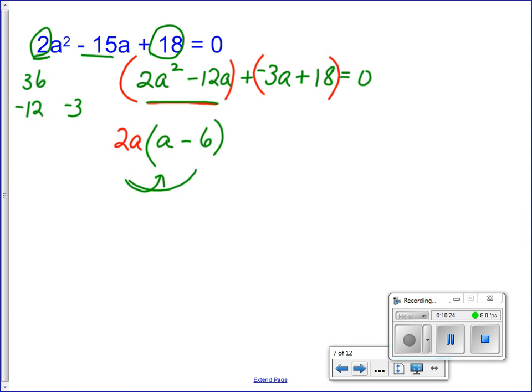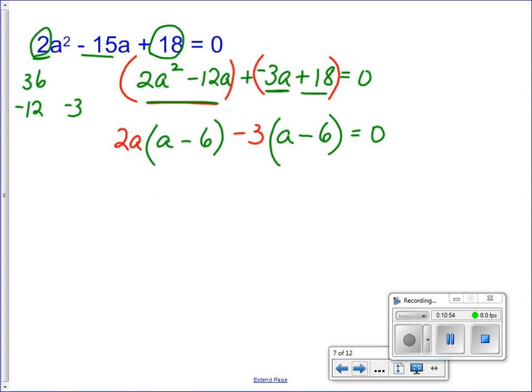All right, let's do the second group. I'm going to take out here negative 3. 3 goes into 3 and also into 18, and so I'm going to remove that negative with this 3. All right, so remaining I would have a, and negative 3 times a negative 6 would give me this positive 18.